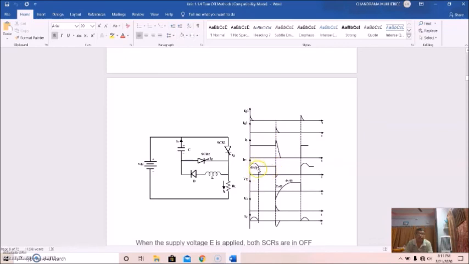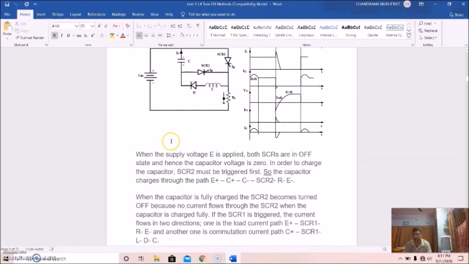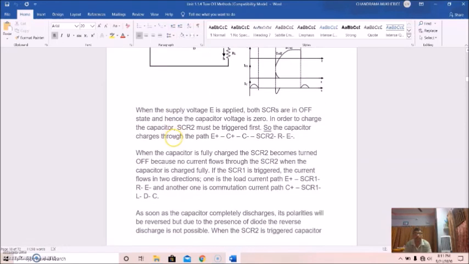This is thyristor 1 current, this is thyristor 1 voltage, this is thyristor 2 current, and this is the capacitor current. These are depicted, and all of this was discussed during the class C operation.